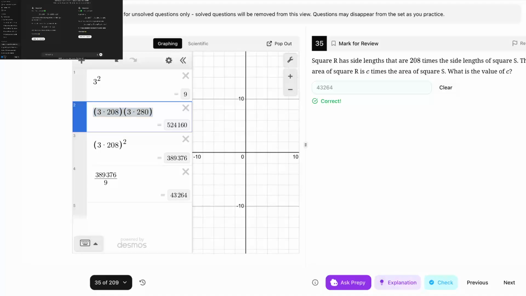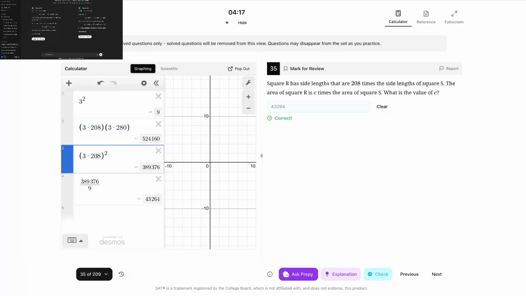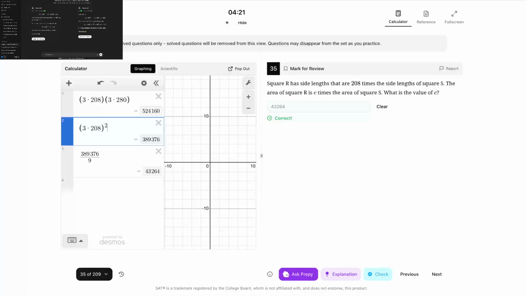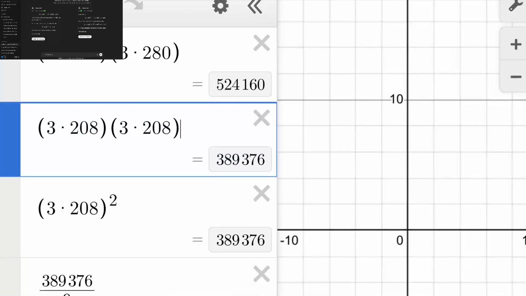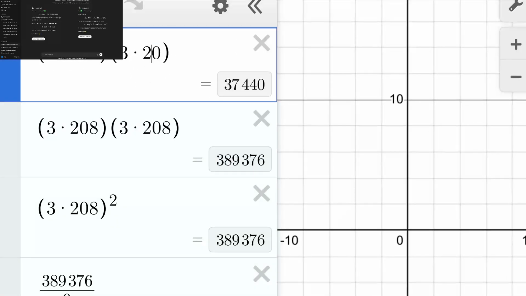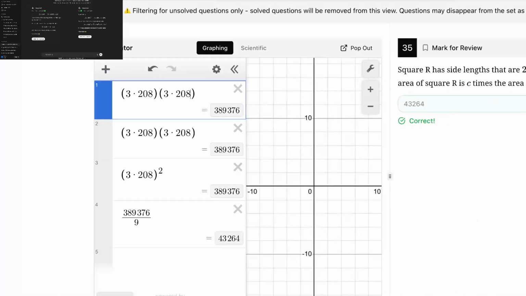I am not tripping. Did I mistype something? 3 times 208 is that. That is interesting. Let me do 3 times 208 and then 3 times 208. Oh shoot, what the hell? Oh fudge, I put 1 8. Oh my god. Okay.